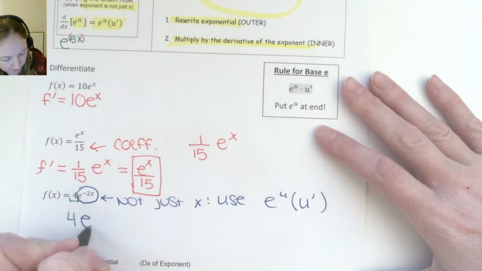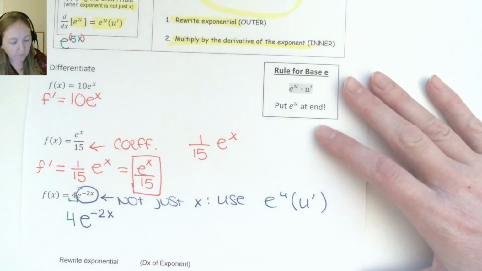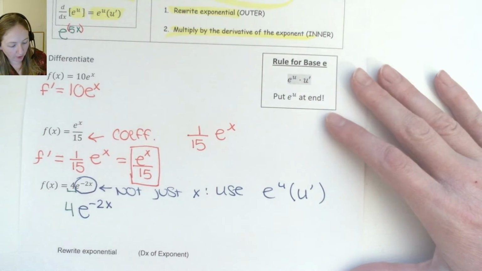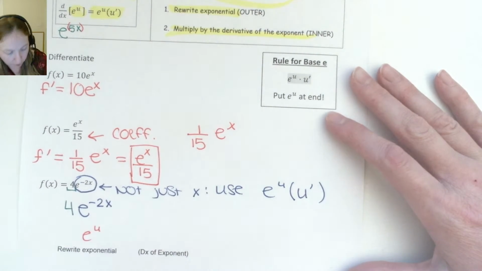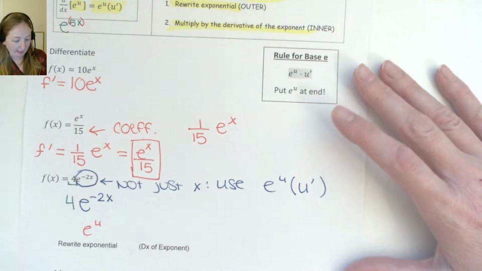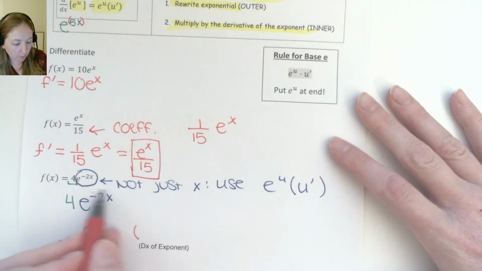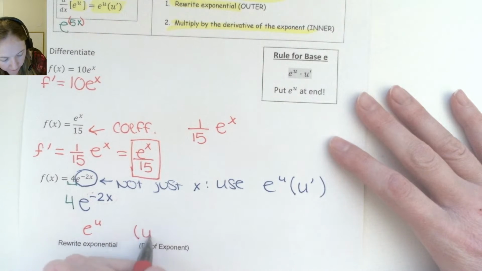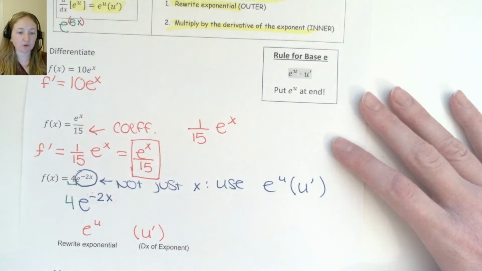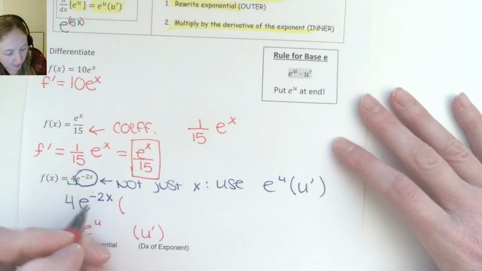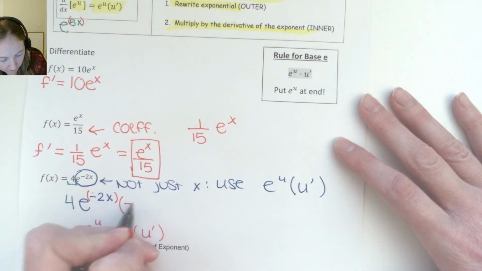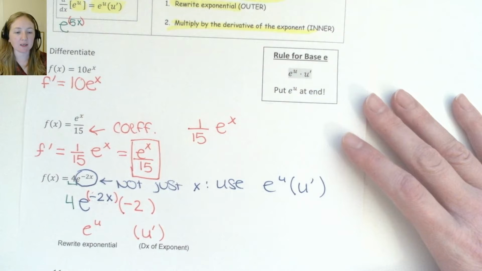It will become e to the negative 2x, and that is our e to the u part of the derivative rule. And then because we now have this inner function, we're going to multiply by the derivative of that inner function. So specifically, we'll multiply by the derivative of negative 2x, which is just negative 2.